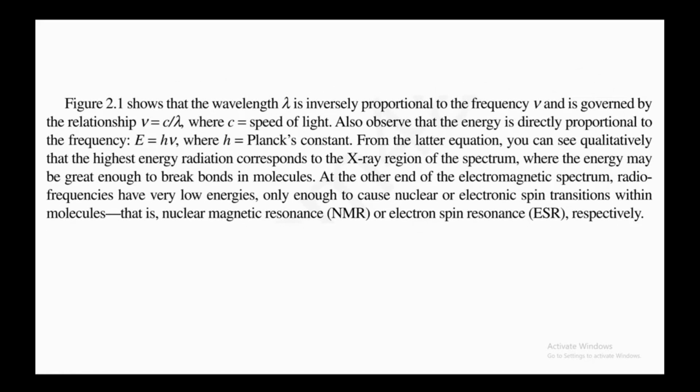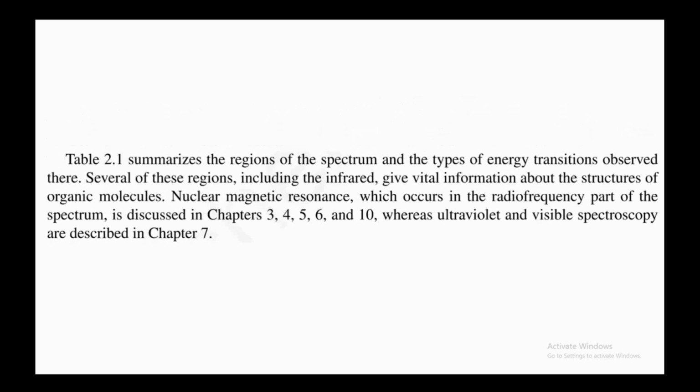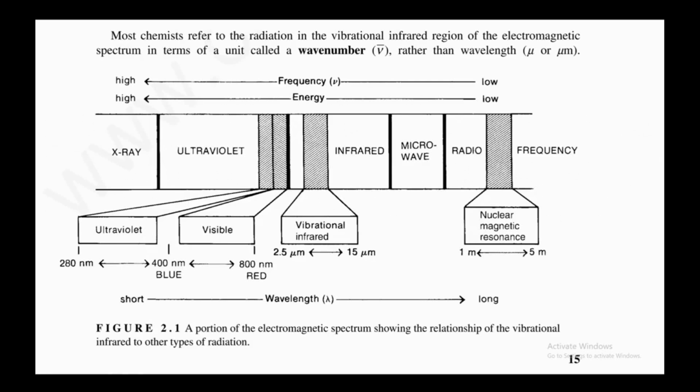Let's first discuss figure 2.1 and then we will come back to this slide. This is figure 2.1, a portion of the electromagnetic spectrum showing the relationship of the vibrational infrared to other types.